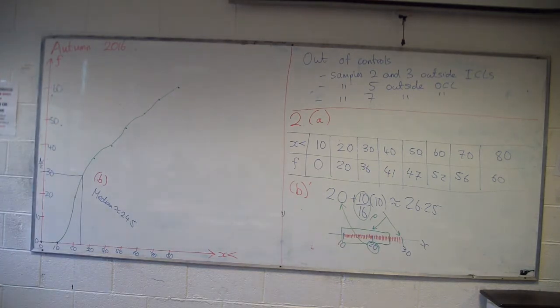Just before I get rid of the ogive, I mentioned these, are there any other questions? Oh yeah, there's another thing here, first and third quartiles. The first and third quartiles separate the small half from the big half.